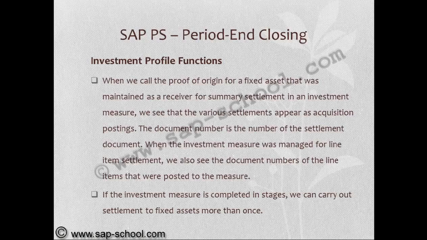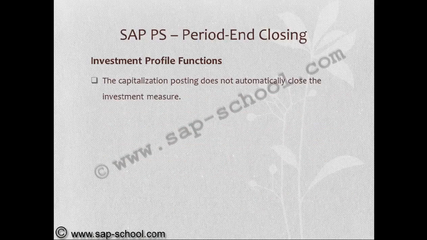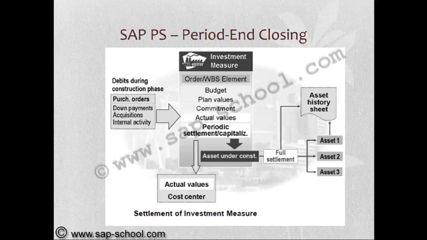We also see the document numbers of the line items that were posted to the measure. If the investment measure is completed in stages, we can carry out settlement to fixed assets more than once. The capitalization posting does not automatically close the investment measure.